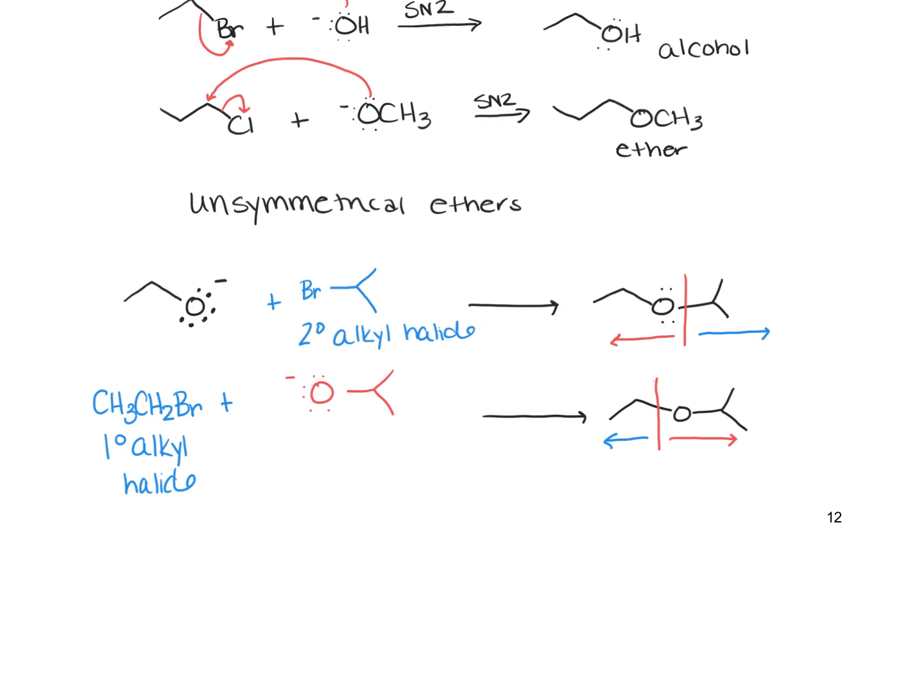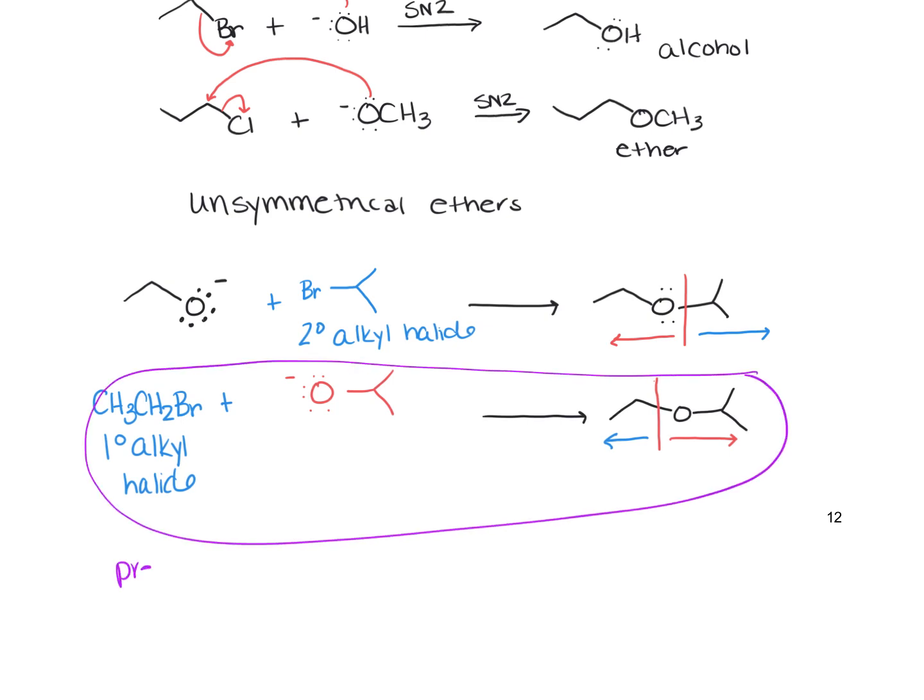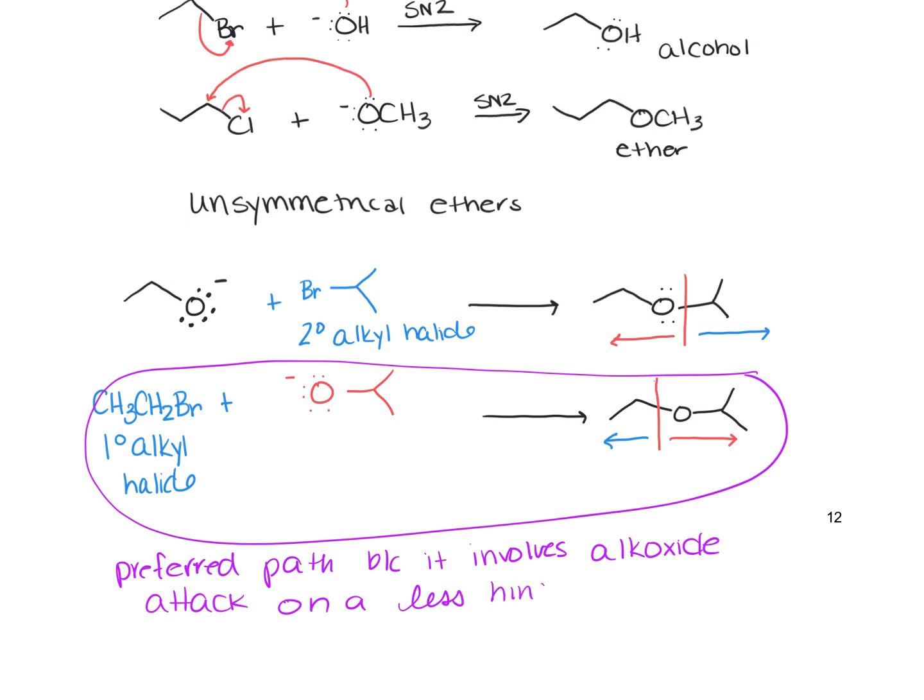And the path that's usually preferred is this path here, because that path involves an alkoxide attack on a less sterically hindered alkyl halide.